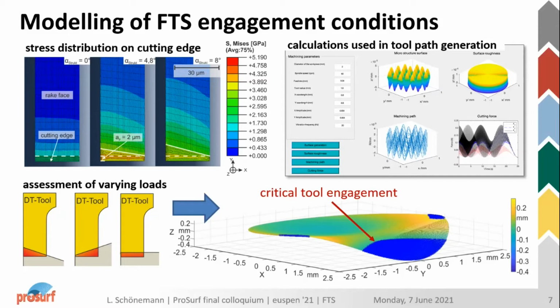This was done on the one hand in Bremen, at Bremen University, and also the software tool, which you can see on the top right, is a development of Huddersfield University that also includes calculations on the cutting force and takes different machining paths into account and so on.